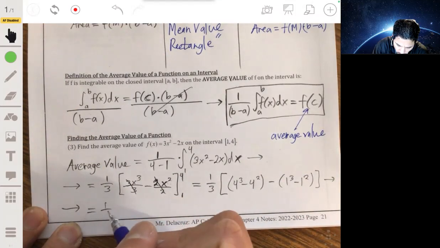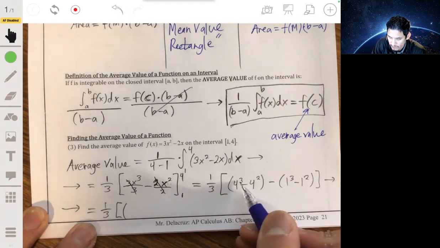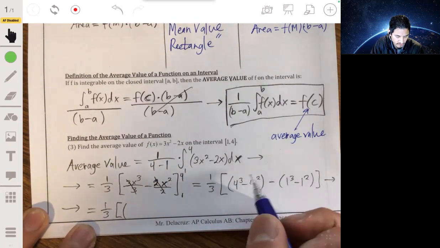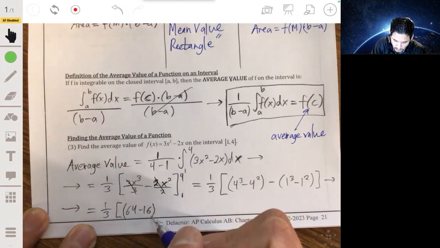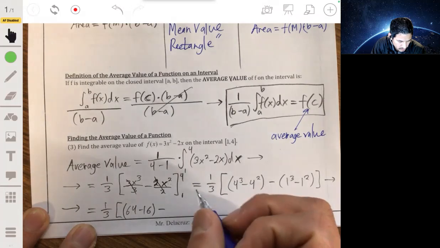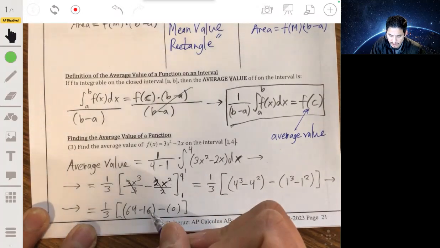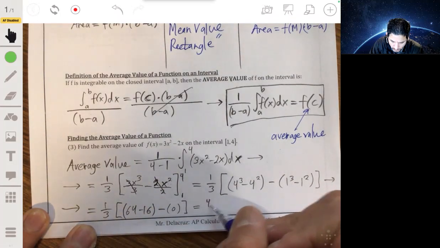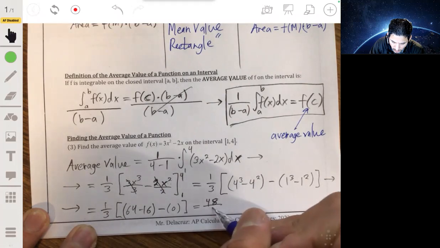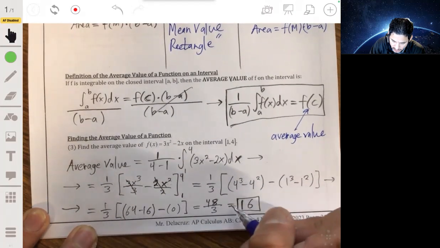This will be 1/3 times 4 times 4 times 4, 64, minus 16, minus 0. So 64 minus 16 is 48, times 1/3. So 48 over 3, and we'll have an answer of 16.